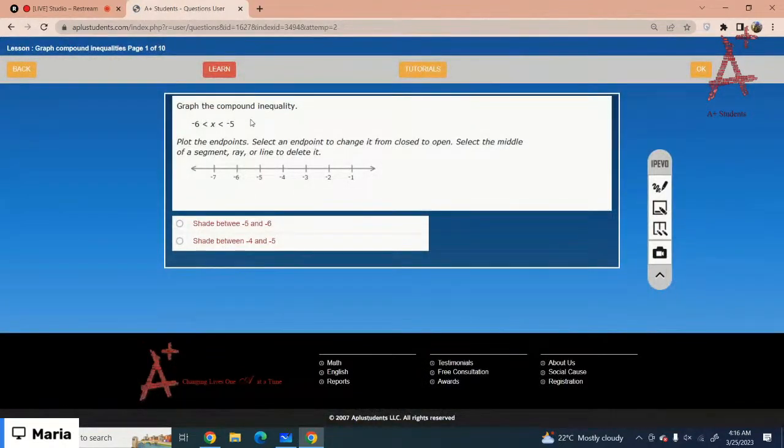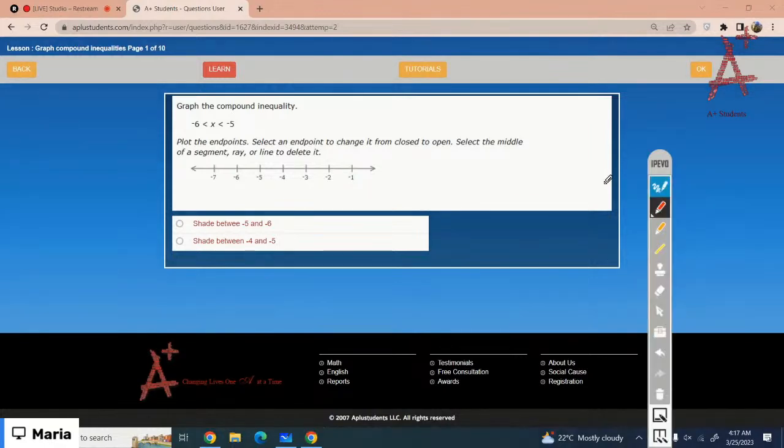Okay, graph the compound inequality negative 6 is less than x is less than negative 5. So that means the values of x are between negative 6 and negative 5. x has the values that are in between negative 6 and negative 5. So it would be a line segment between negative 6 and negative 5.